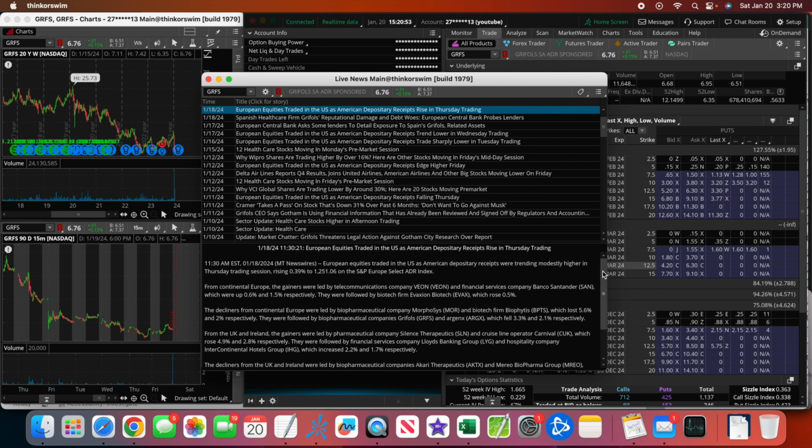Then here's an article where it says, this part right here. The decliners from continental Europe were led by biopharmaceutical company Morphosis and biotech firms Biophytus, which lost 5% and 2%. Like, that's not important. Followed by Griffiths.